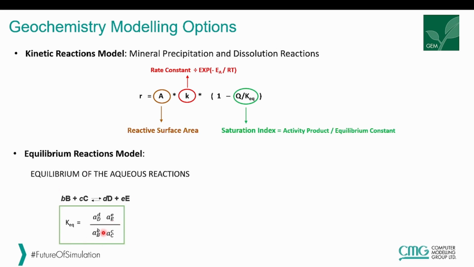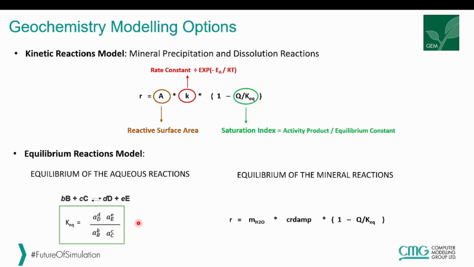So for aqueous reactions, where a standard reaction is written here, we would equate the equilibrium constant of the reaction, as I said, a function of temperature, to the activity product itself, which is the product of the activities of the products in the numerator of this fraction divided by the product of the activities of the reactants, all the activities raised to the power equal to the stoichiometric coefficient of each species.